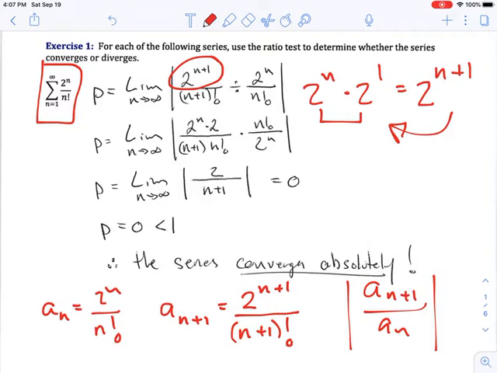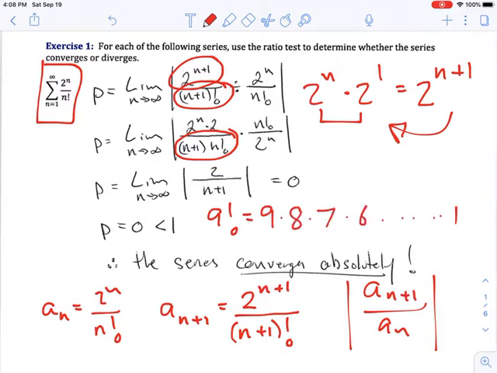Next is what happened with the n plus 1 factorial. How did that become n plus 1 times n factorial? Remember what a factorial is. If you have 9 factorial, that would be 9 times 8 times 7 times 6, all the way down to times 1.